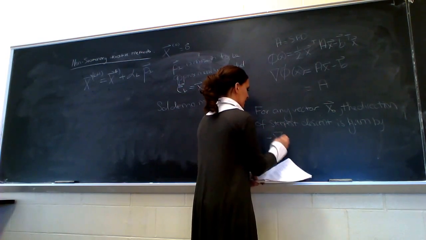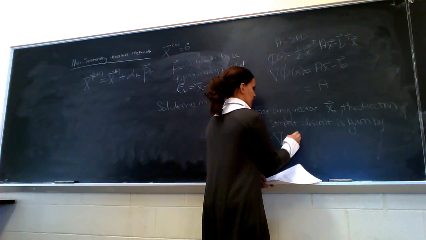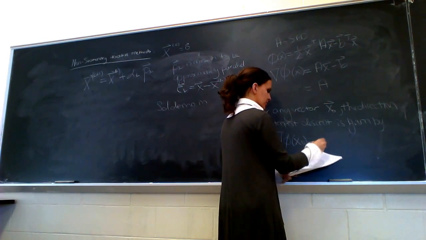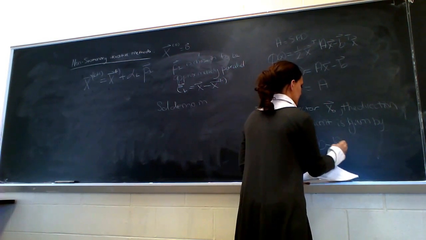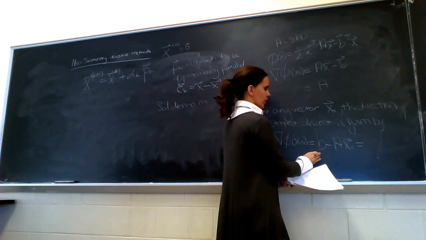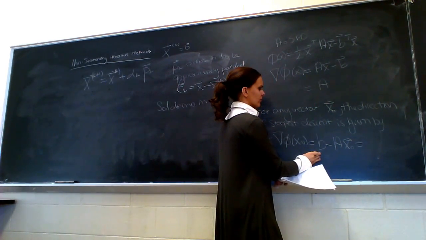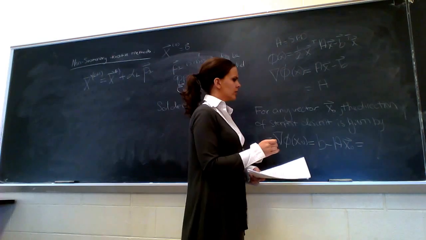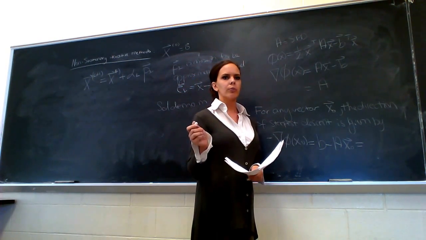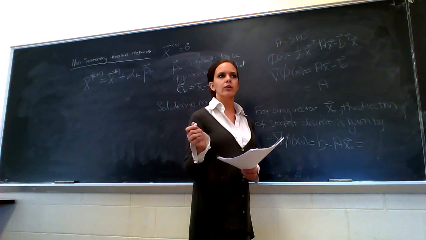It's going to be minus the gradient of phi at x sub 0, which is equal to b minus A x sub 0. I don't know if we've talked about the residual vector at all in this class.